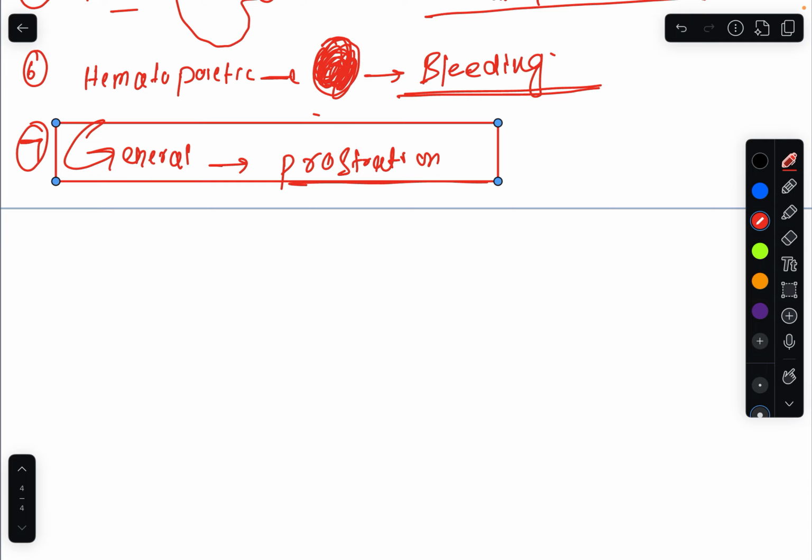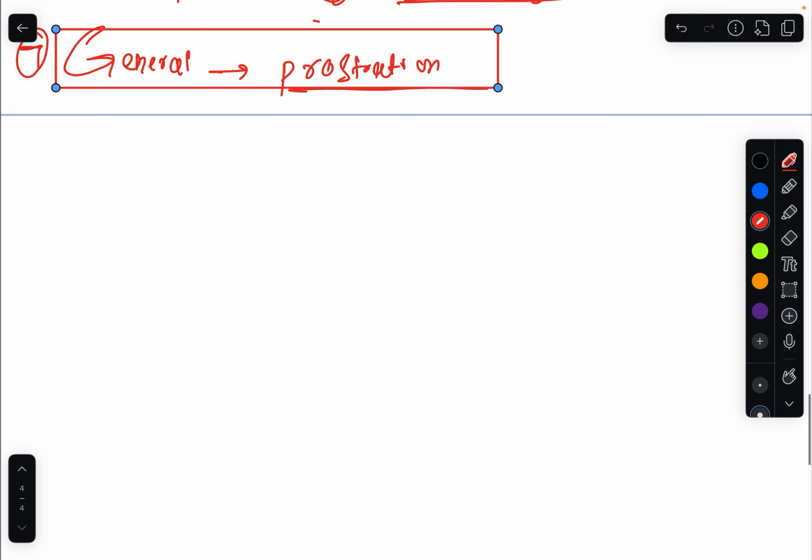Just remember from top to bottom: CNS, heart, lungs, coming towards the abdomen, where liver, GIT, renal, and then hematological and general. Besides this, there are some lab markers which also suggest that the malaria is severe. So what are those lab findings? Now we will discuss lab findings.